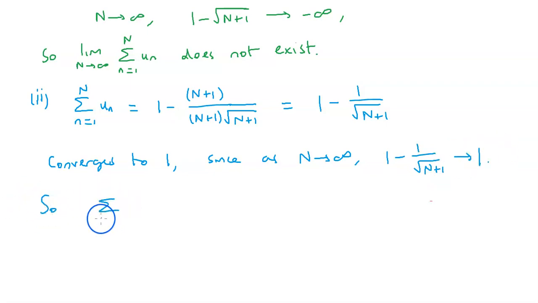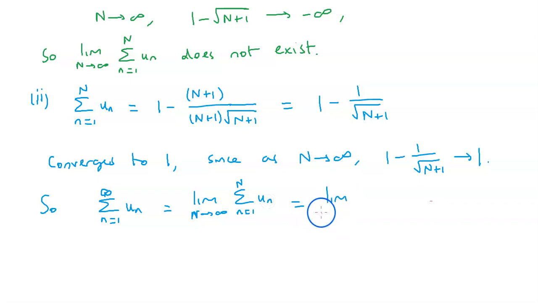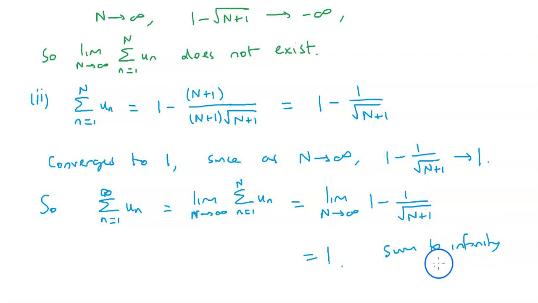So the sum from n equals 1 to infinity of Un is equal to the limit as N tends to infinity of the sum from n equals 1 to N of Un, which is equal to the limit as N tends to infinity of 1 minus 1 divided by the square root of N plus 1, which is equal to 1. So the sum to infinity is 1.